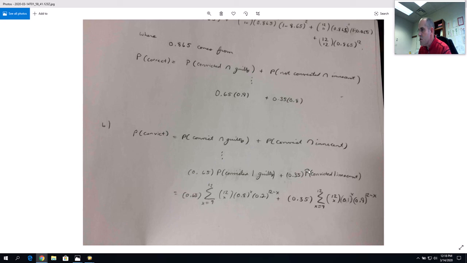But you just computed that right here. So the probability of a correct rendered decision is exactly what you have here, but you're just going to replace this sum right here with 1 minus that sum. Yeah, 1 minus that sum. That's it.